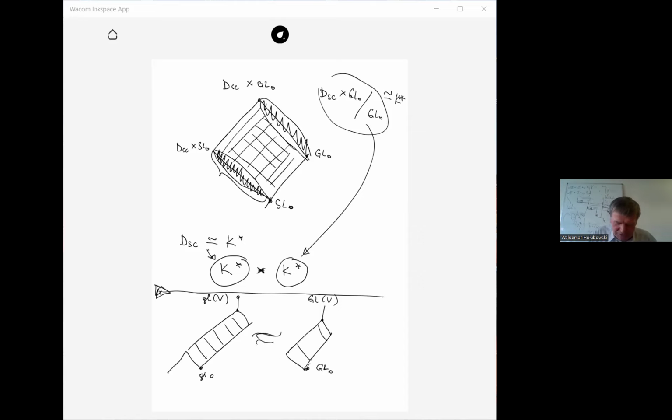However, the situation here is much more complicated, and we have a different situation for ideals in the case of the Lie algebra and a different situation in the case of the group.